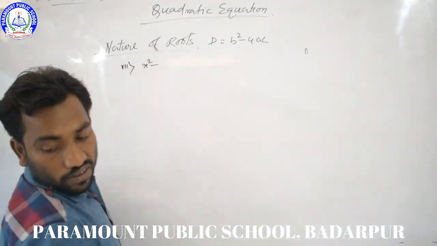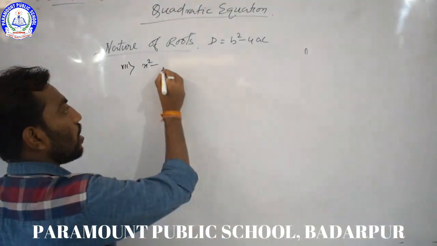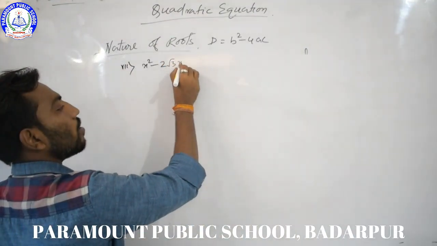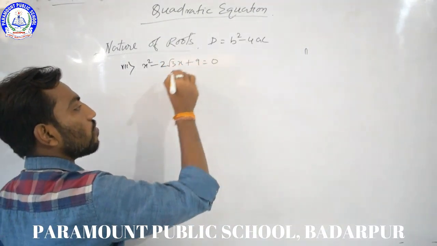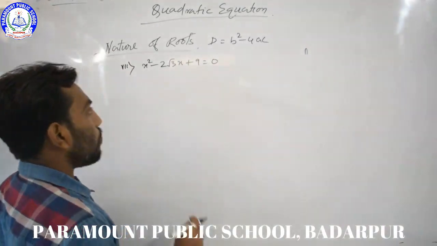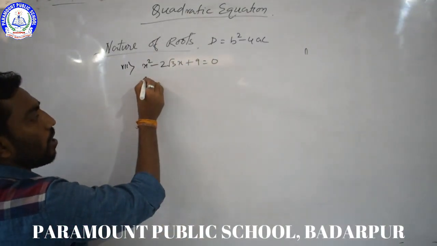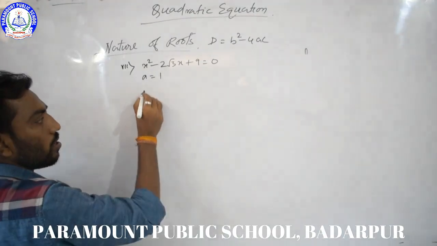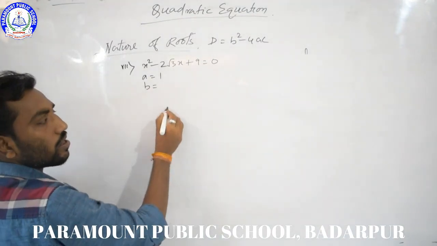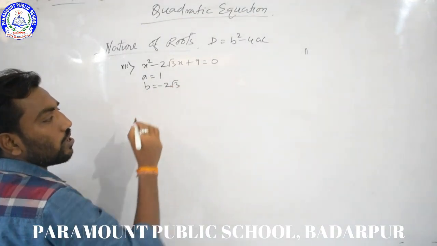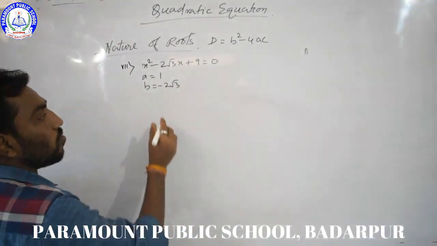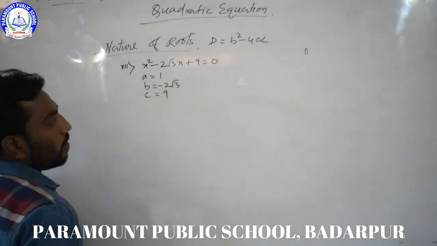X square minus 2 root 3x plus 9 is equal to 0. So from given equation we can see our A value is 1, our B value is minus 2 root 3 and our C value is equal to 9.